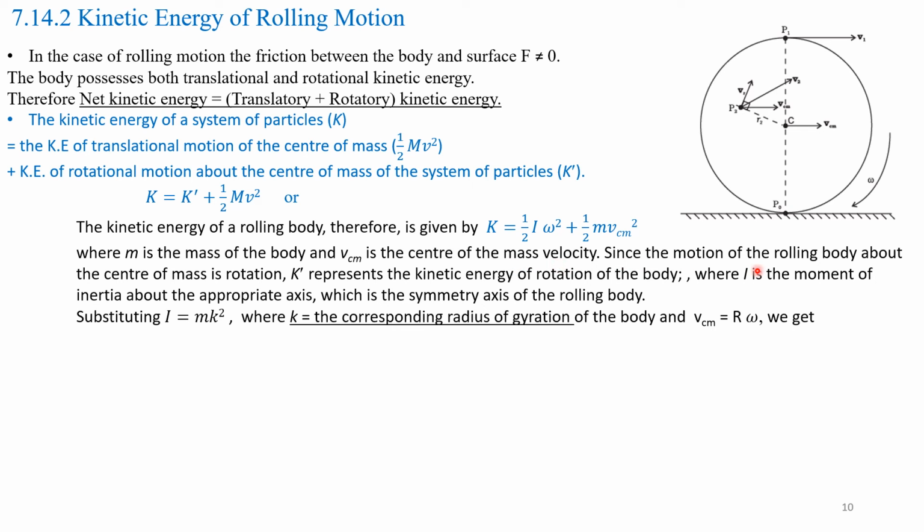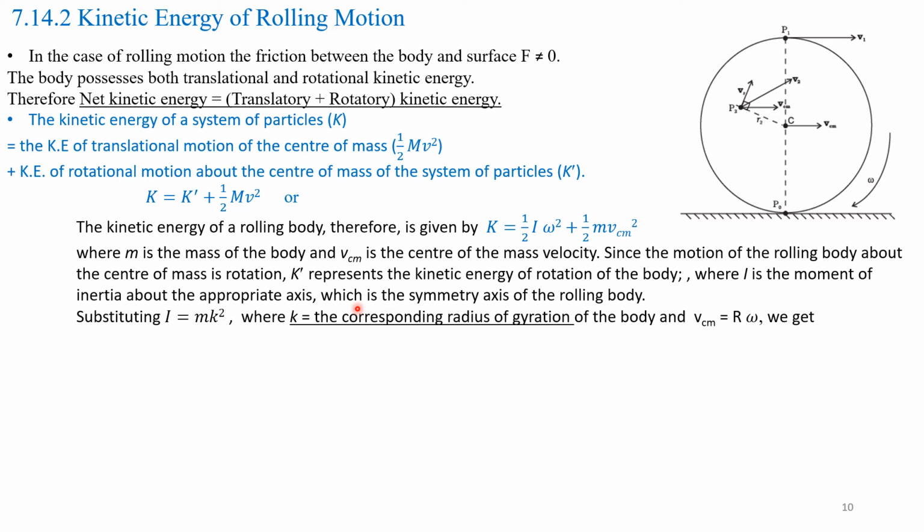Since the motion of the rolling body about the center of mass is rotation, K dash represents the kinetic energy of the rotation of the body, where I is the moment of inertia about the appropriate axis, which is the symmetry axis of the rolling body.